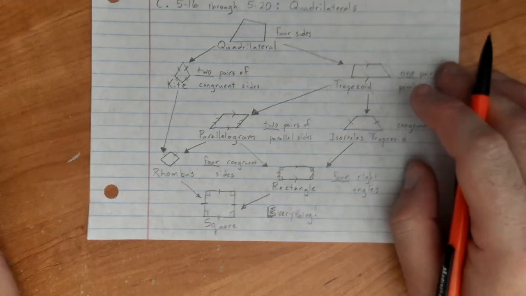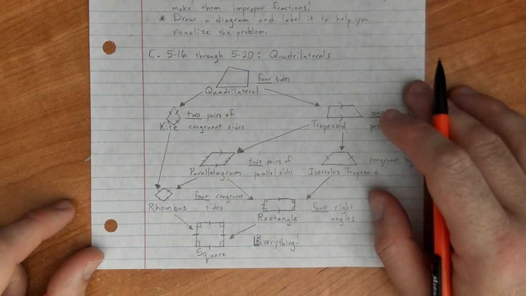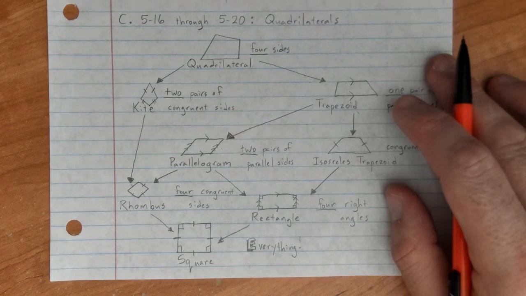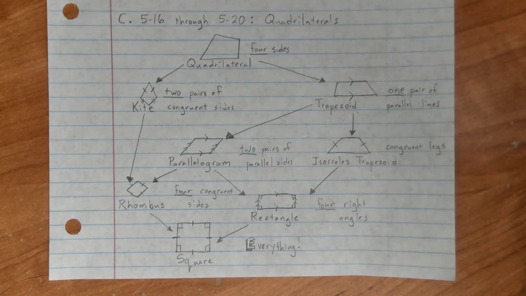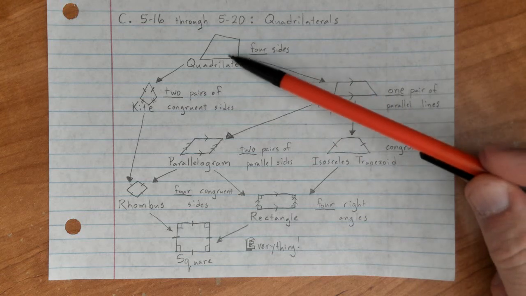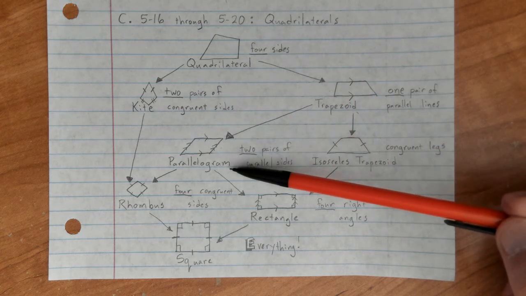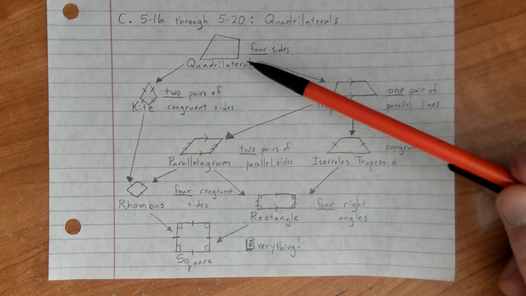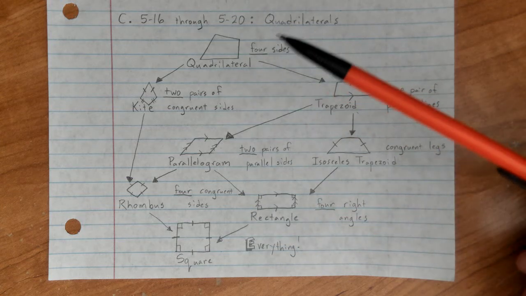Now that being said, if a test asks you to identify the most specific name, the most specific term, you want to pick square. Or for one of these other shapes, you want to pick the one that's kind of further down. As we go down, we're getting more and more specific. Higher up is more general. It includes more things.